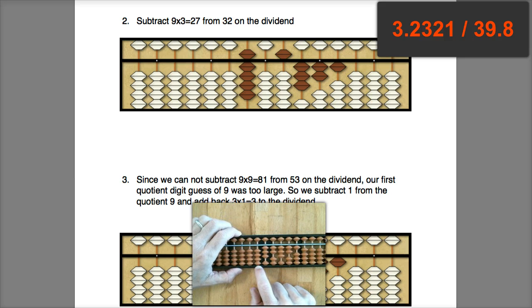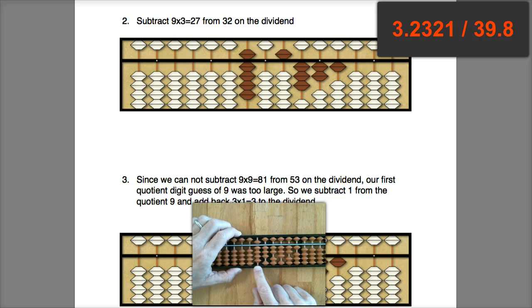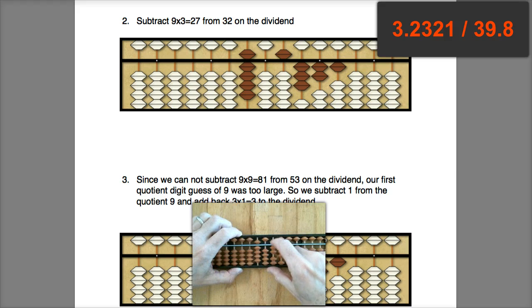And since we're comparing 39 to 32, I'm going to place 9 as my first guess. So I'm going to take 9 times 3, which is 27, and subtract it from the 32 on the dividend. So I'll subtract 27 like that.